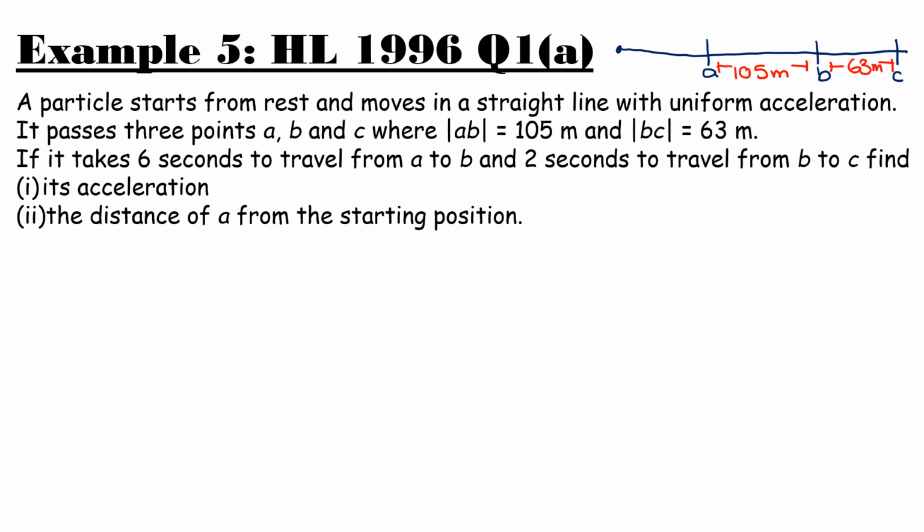And it takes 6 seconds to do the A to B section and 2 seconds to go B to C. So we're trying to find the acceleration and then the distance from A to the starting point. So this section here is what we're being asked for in part 2.